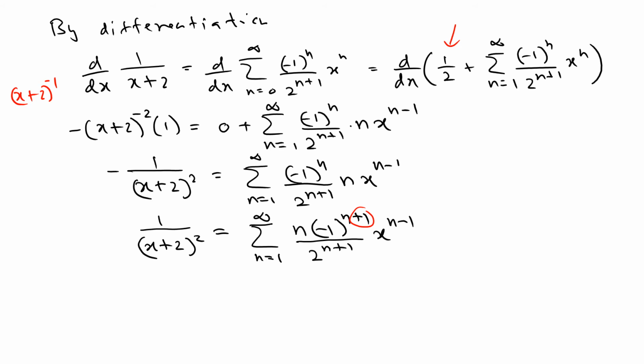Now we simply multiply both sides by x cubed.